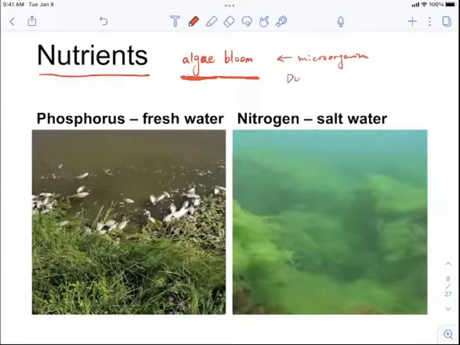So the dissolved oxygen is going to reduce, and the dead algae are going to contain a high oxygen demand. Let's say the OD is high, and then the DO is going to get reduced.